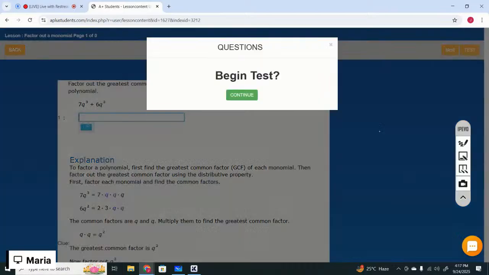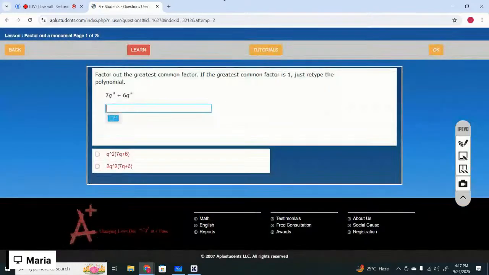Let's just start with the test questions. 7q cube plus 6q square.